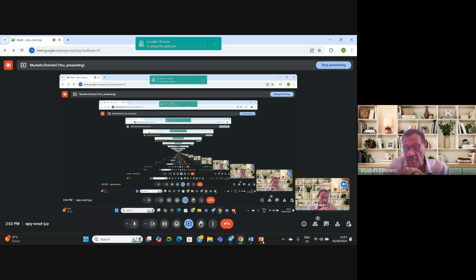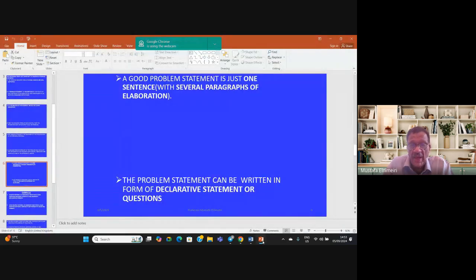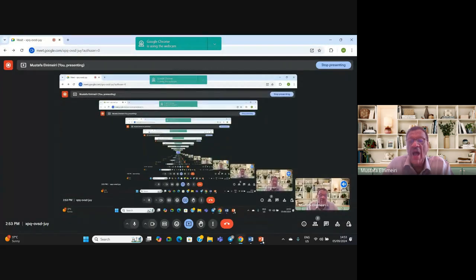So one of the important features of a problem statement is that it is written in a clear manner. It's written clearly so that it could be easily understood and will help the readers to understand the remaining parts of the proposal. And as I have mentioned, it is the backbone of the introduction.